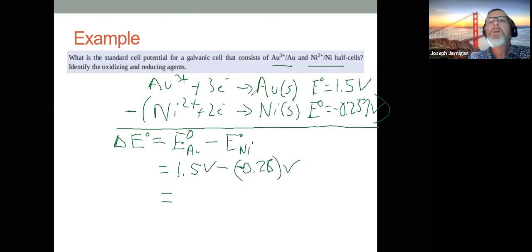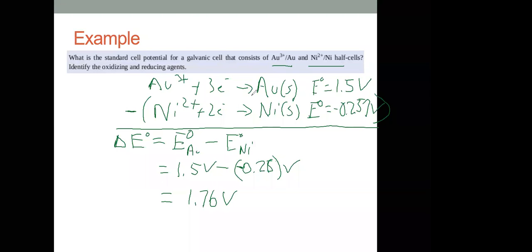If you do that math, that comes out to about 1.76 volts.